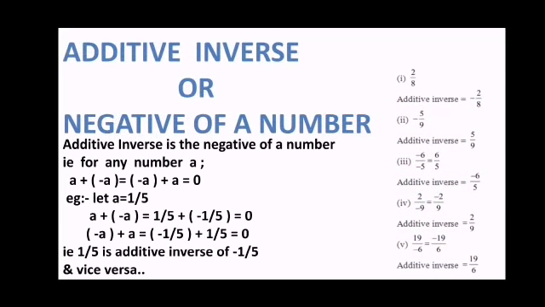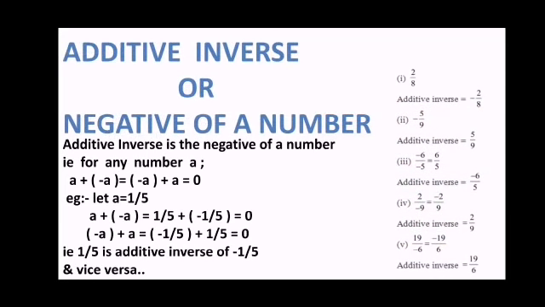For example, if we take rational number 1 upon 5, then its negative or additive inverse will be minus 1 upon 5, because when we add 1 upon 5 with minus 1 upon 5, then only we get 0, which was the additive identity. Or minus 1 upon 5 plus 1 upon 5 on adding will also give us 0 only.